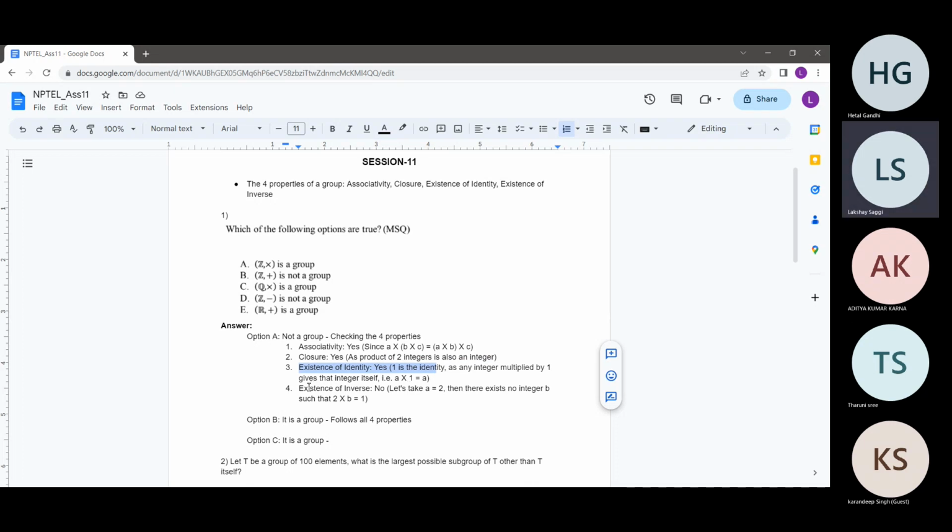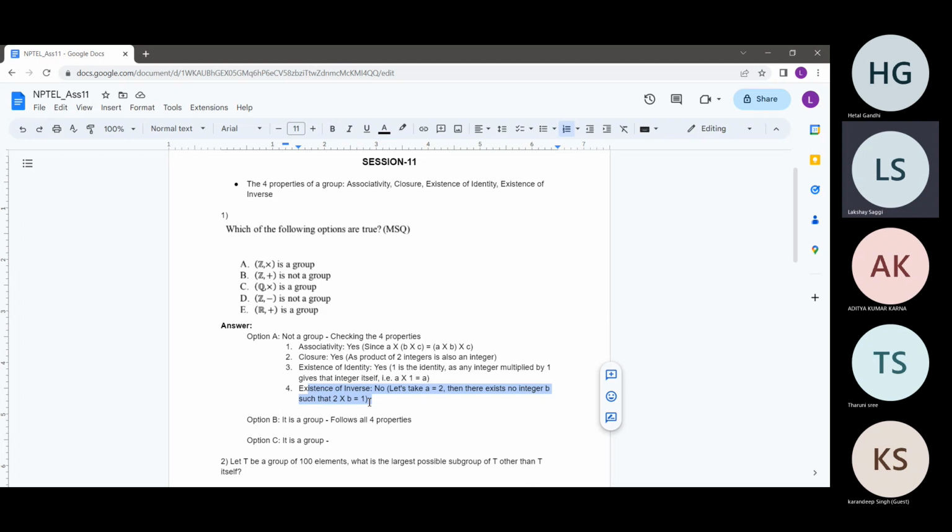But here inverse will exist. And why is that the case? So in set of integers, we said like let's say we take a number 2, then there is no integer b such that 2 times b is 1. But over the set of rationals, there will exist a rational number, right? Which will be 1 by 2. So actually you can say like for any rational number, every rational number can be written in form of p upon q.